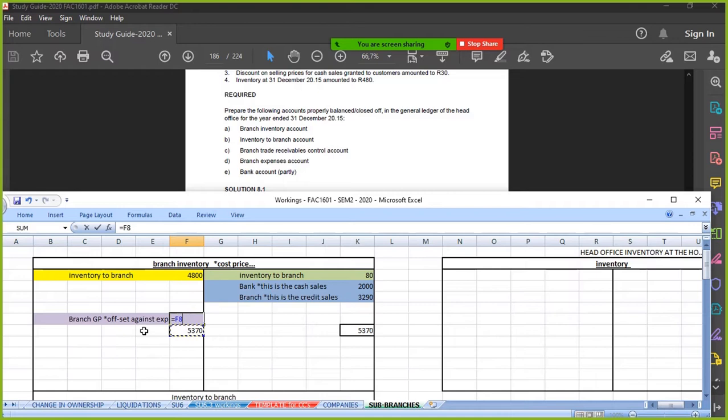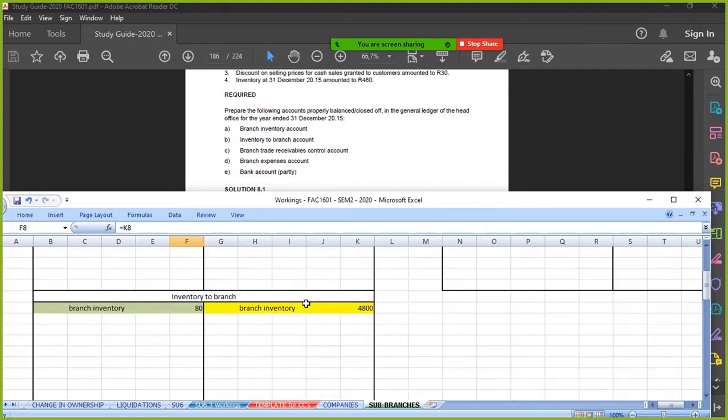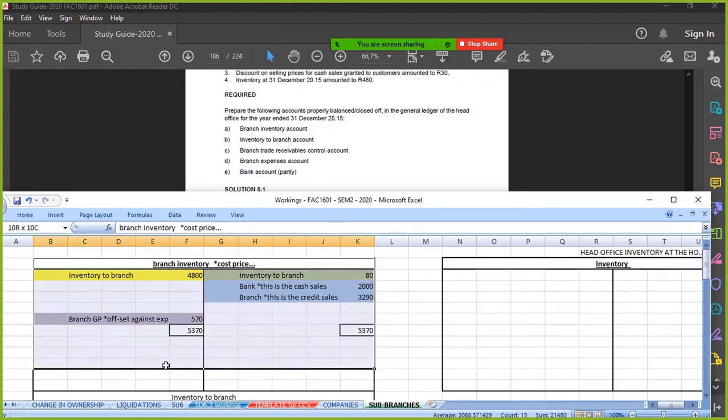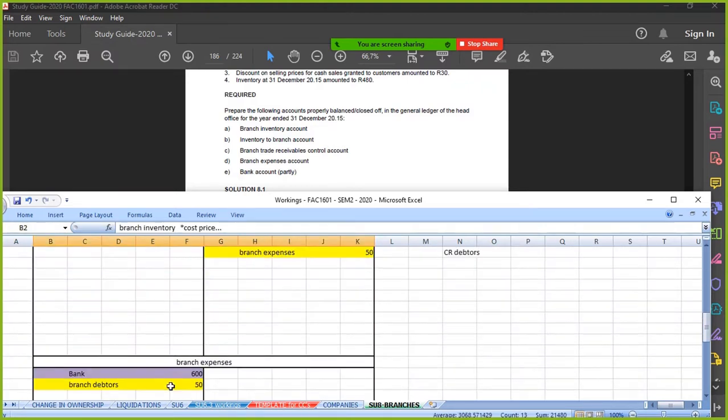So the profit here would be 570. That profit is going to go to the branch expense, because I need to determine how much the branch actually made in terms of operations after taking its expenses into consideration. Does that make sense? It's like profit and loss, or let me rephrase it, it's like trading account and then profit and loss.